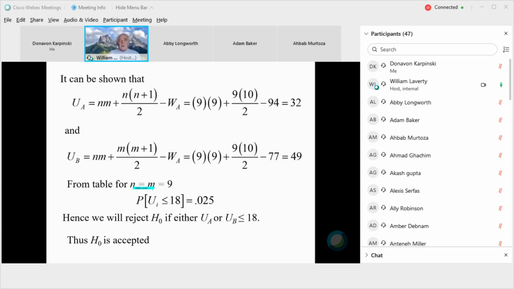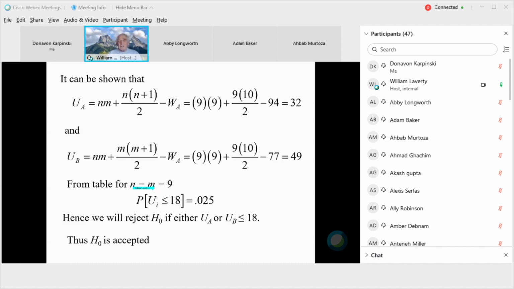From that, we can compute the Mann-Whitney U statistics, UA and UB: n times m plus n times n plus 1 over 2 minus WA for the A process. The B process is 49.